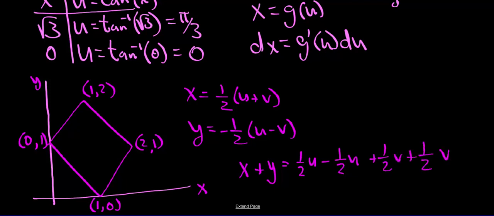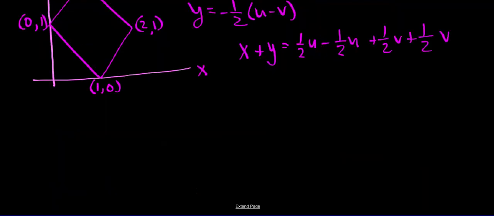Does everybody see that? In other words, if I just add x and y, look what I get. I get x plus y is equal to v. So now I know what v is in terms of x and y.